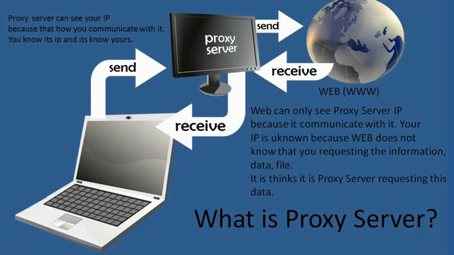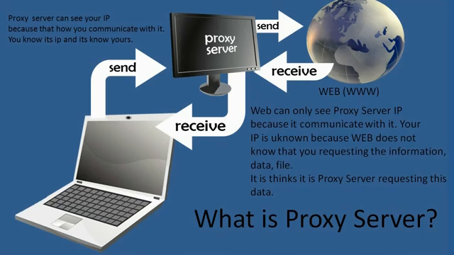So basically what's going on? When you send information to a proxy server, of course it knows your IP address. That's how you communicate. You're setting that proxy server by its IP, so you know its IP, and the proxy server knows your IP. That's how you can send and receive packets of data, information, files, and so on.